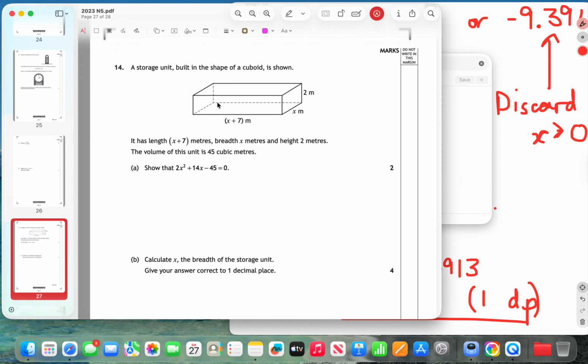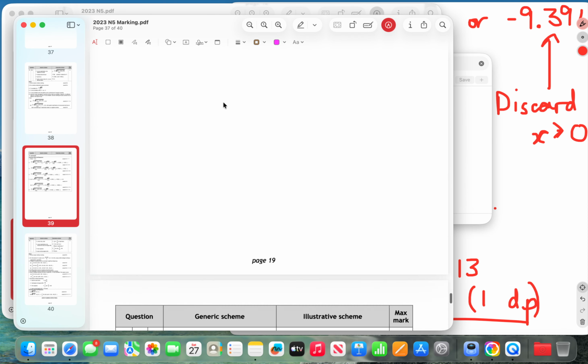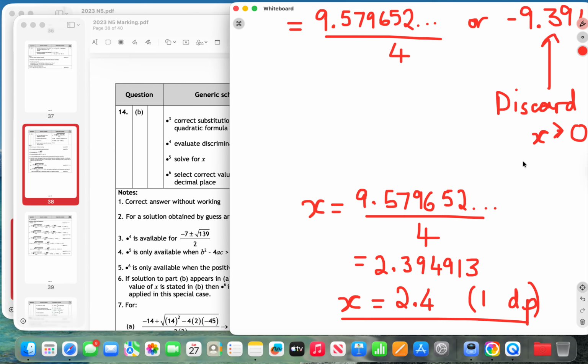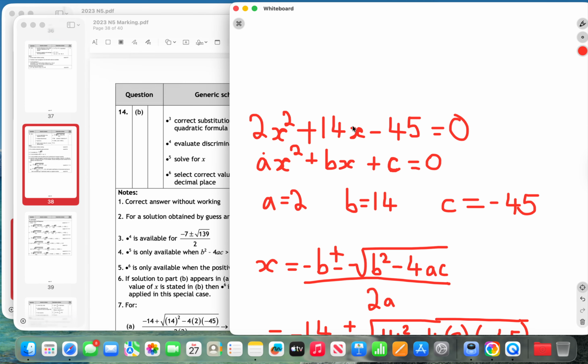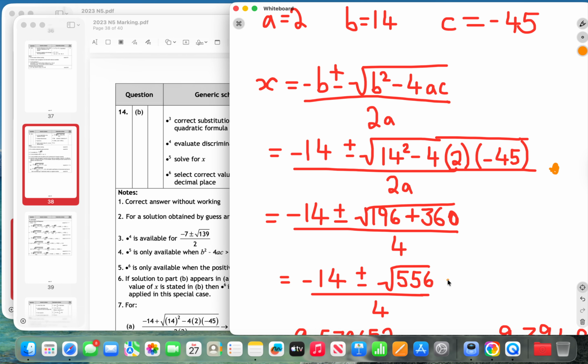And let's have a look at how the SQA would mark this question. The first mark would be for getting it into the formula. Second would be for evaluating the discriminant. The discriminant is the bit inside the square root.